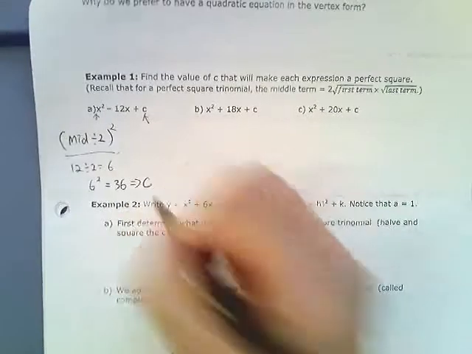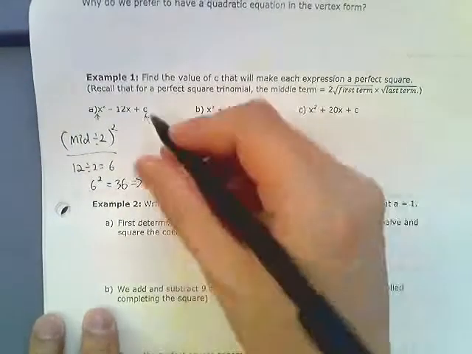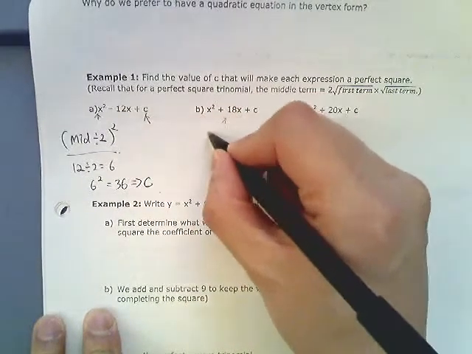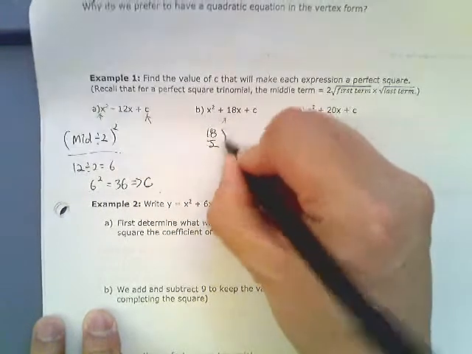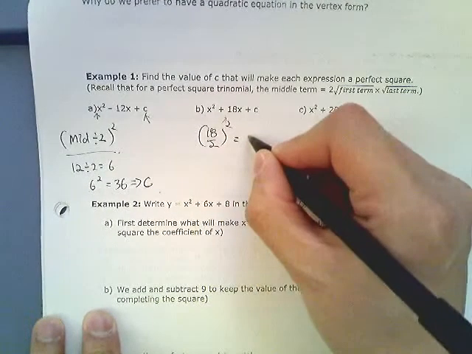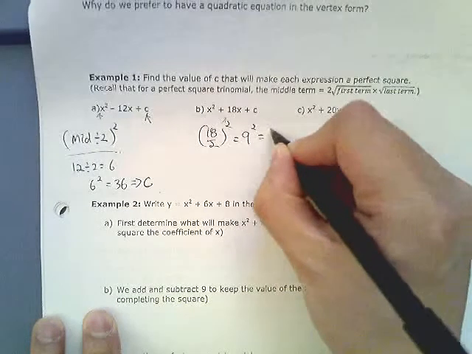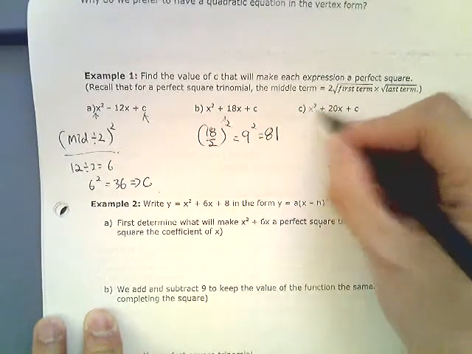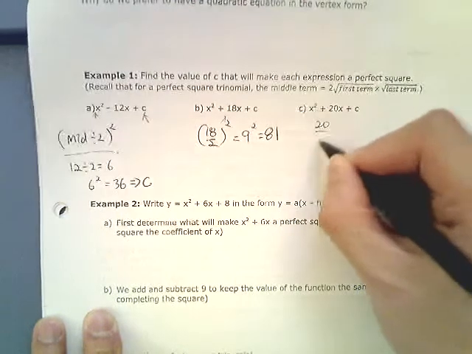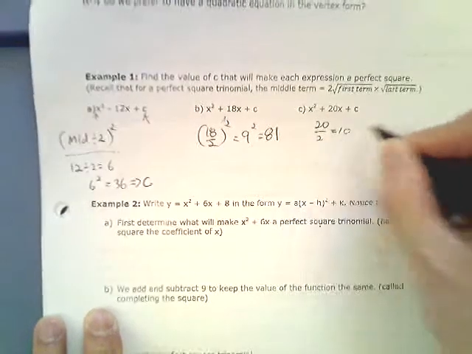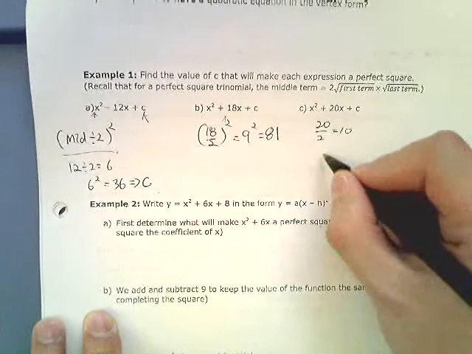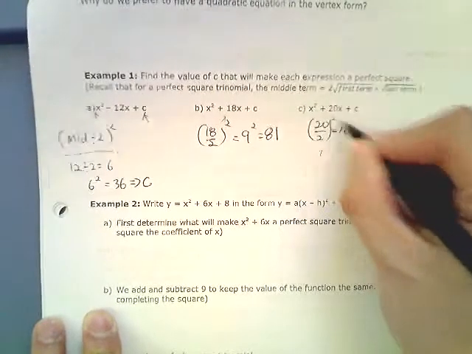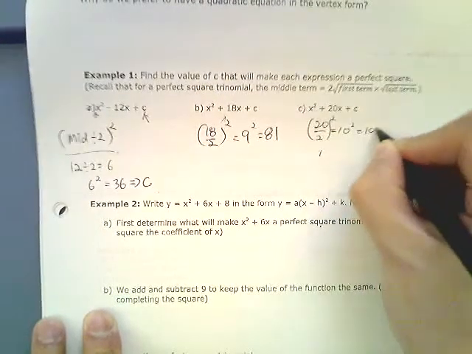This is c. Same thing goes up here. It will be 18 divided by 2, and then you square that. That will be 9 squared, so 81. And for this it will be 20 divided by 2, which is 10, and then 10 squared is 100.